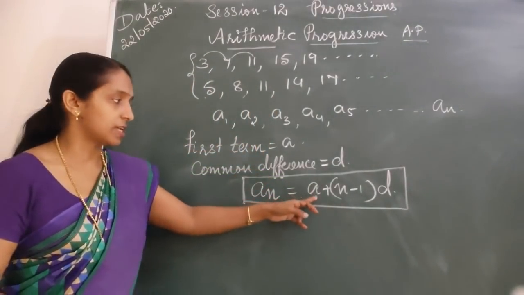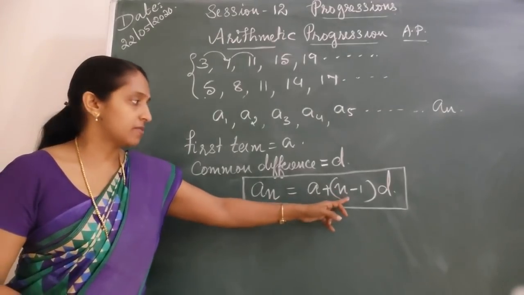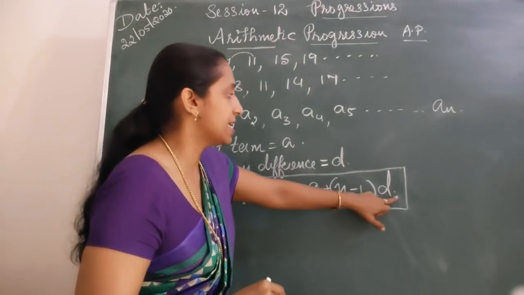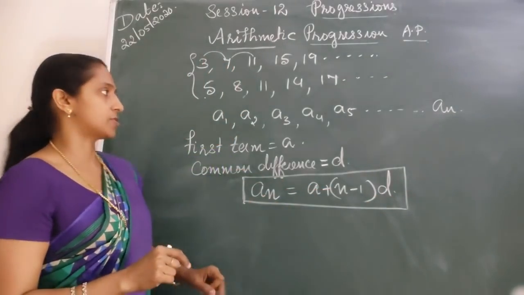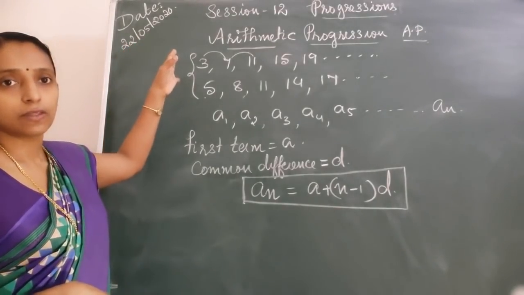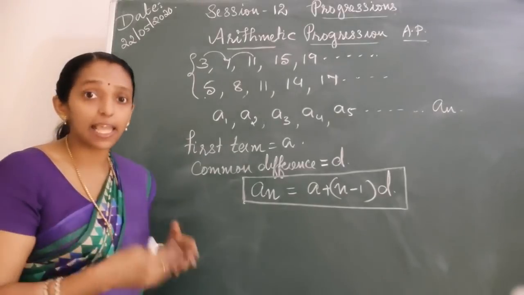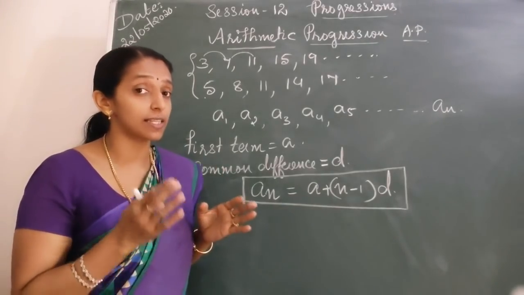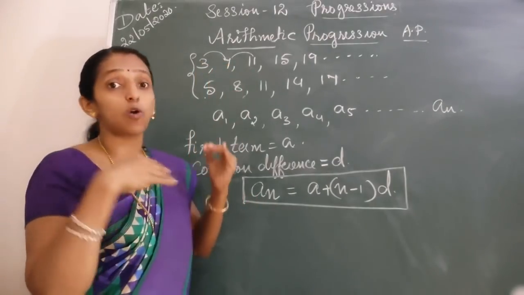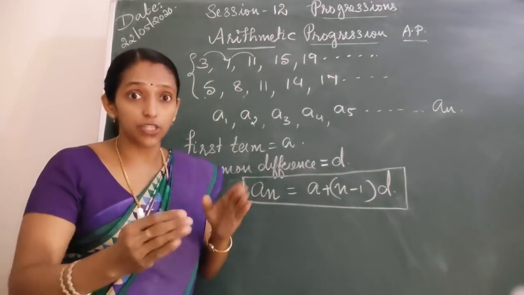The nth term of the AP is given by the formula A plus n minus 1 into D. A is the first term, n is the number of terms, which term it is, and D is the common difference. If you are given a sequence, how can we check whether it is in AP or not? We will check whether we are getting a common difference between the consecutive numbers.